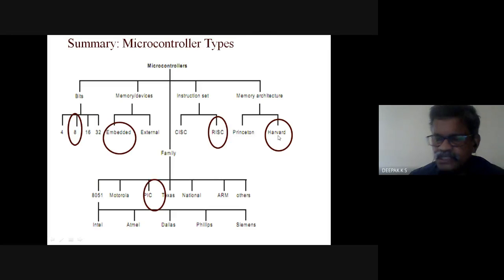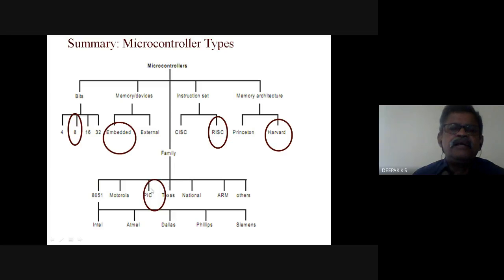Harvard means separate memory for data and program. And among all these families and varieties of processors and microcontrollers, you have this PIC.